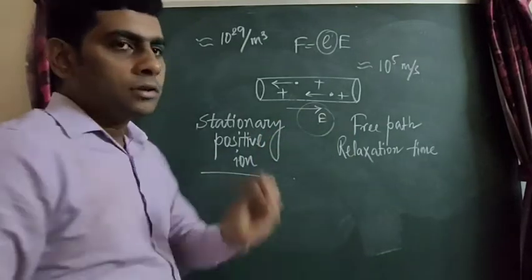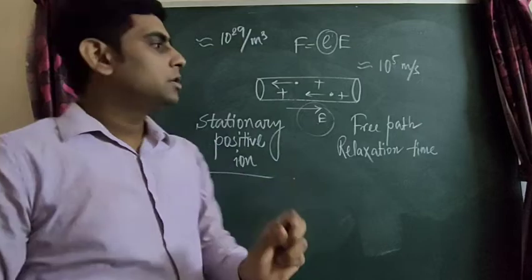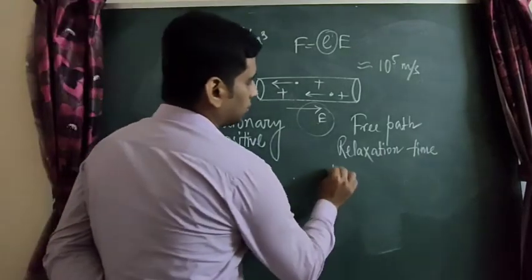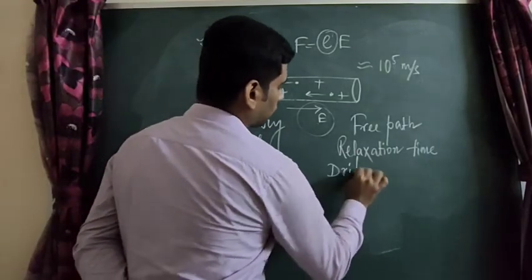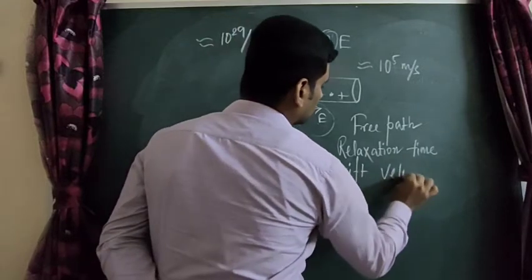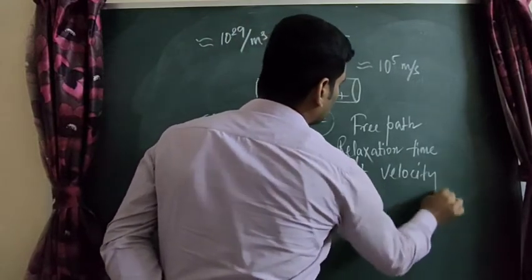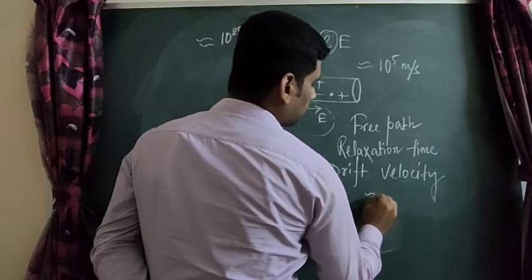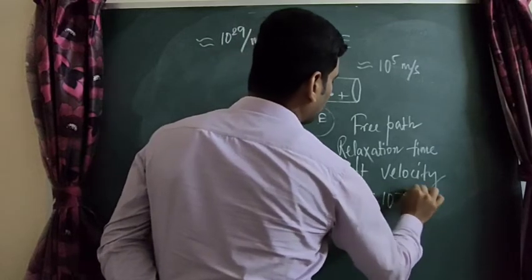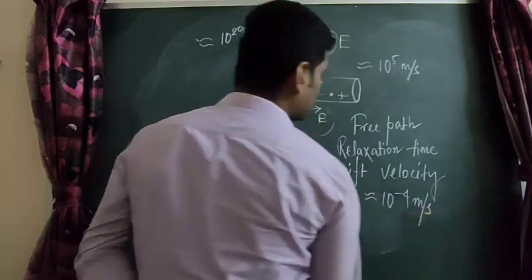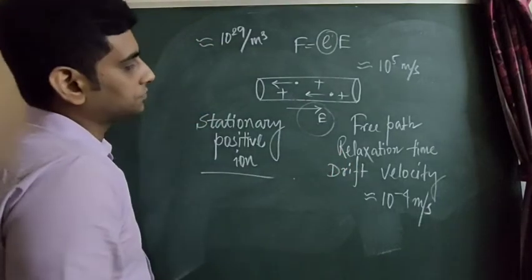And that small constant velocity of the electrons is known as drift velocity, which is of the order of 10 to the power minus 4 meter per second. So very small constant value.